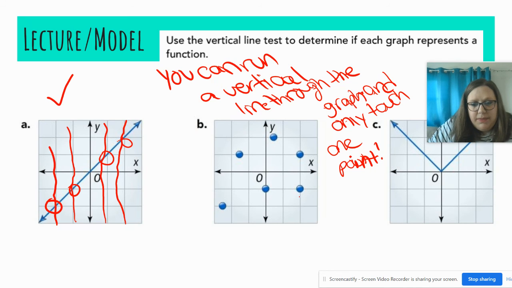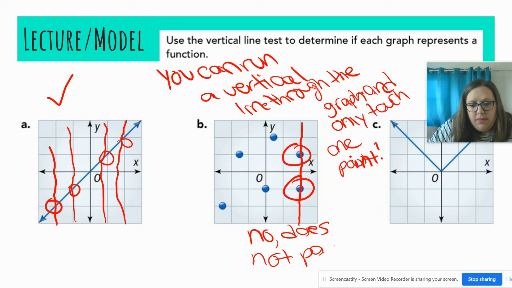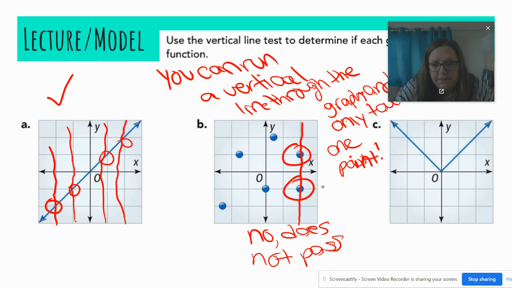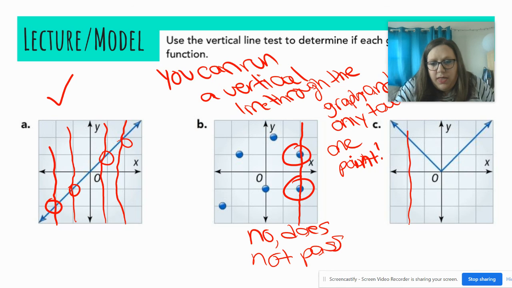Now option B, if I drew a vertical line, it hits both those points, so this does not pass. Because if I draw a vertical line, it hits those 2 points. Now let's look at option C. If I draw my vertical lines, it hits there, hits there, hits there, hits there.